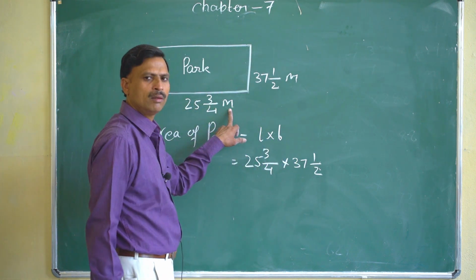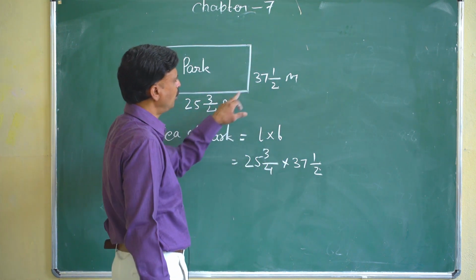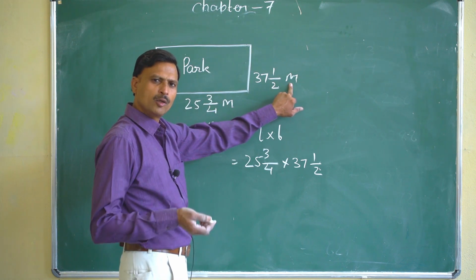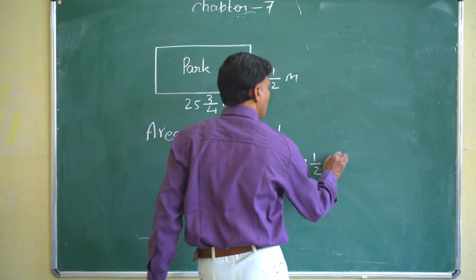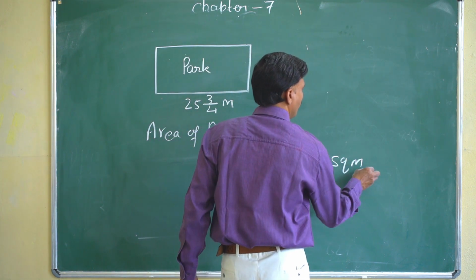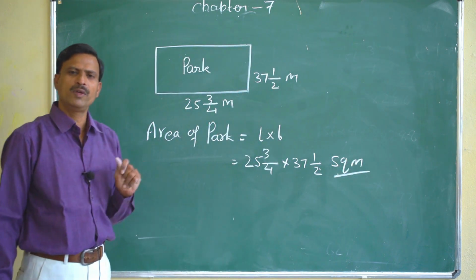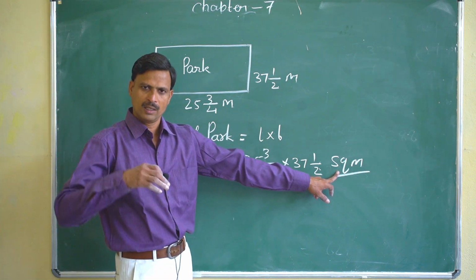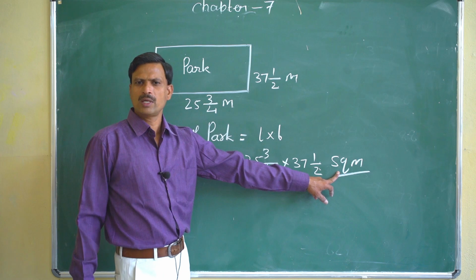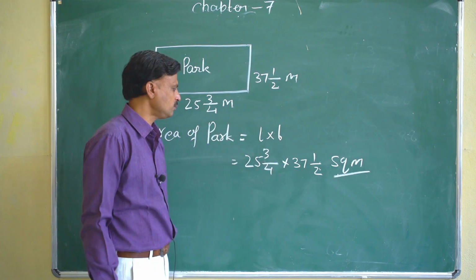Since this is meter and this is also meter, meter multiplied by meter, so meter comes twice, which means you can write it as square meter. Whenever we find area, always remember the unit will be in square because the same unit is multiplied twice.